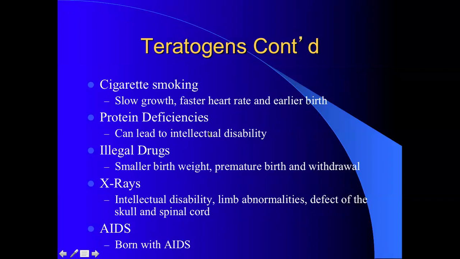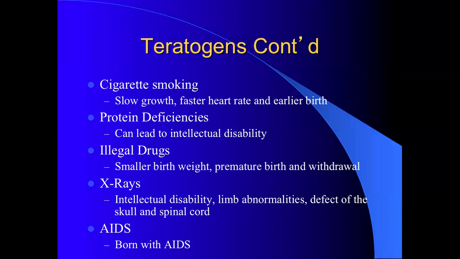Now, it doesn't have to just be alcohol, it could be any harmful agent. So things like cigarette smoking. Cigarette smoking stunts the prenatal growth. It increases heart issues, right? So faster heart rate, you have premature birth, and you have a 5 times more likely case of sudden infant death syndrome, which is an unexplained death in infancy.